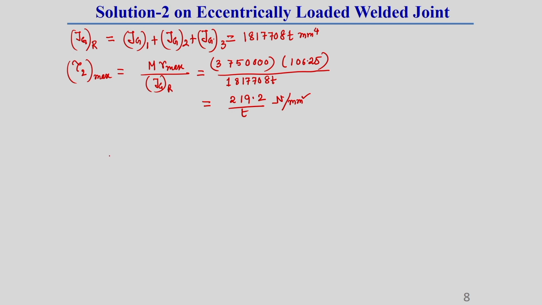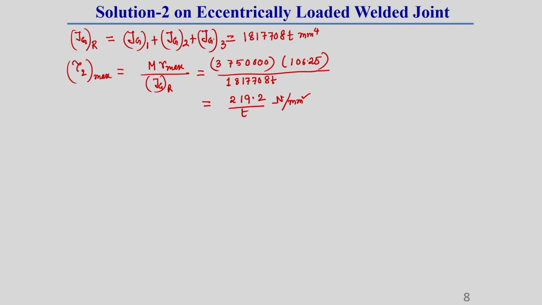Here we will use the same approach as previously, but we have to find the angle between tau 2 max and the horizontal axis.